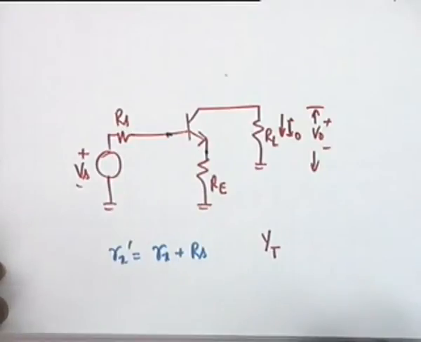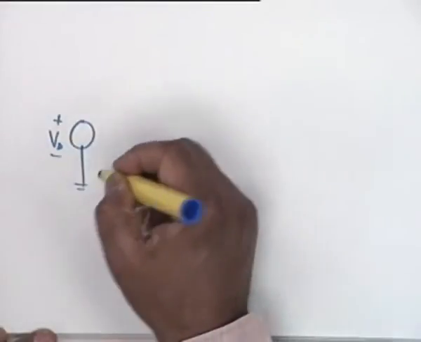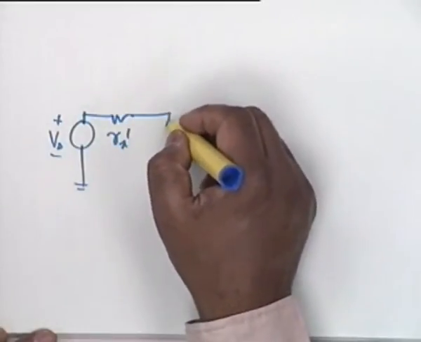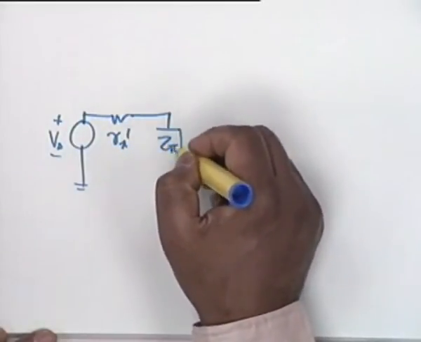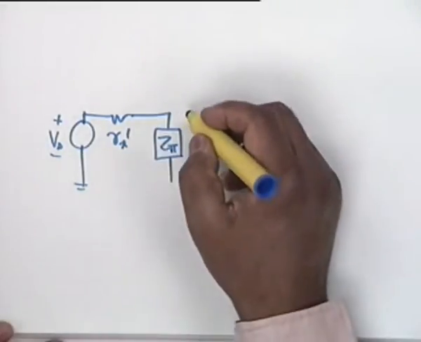Okay. So, the equivalent circuit is not as easy to analyze as the previous circuit, because RE carries current from the base as well as from the collector. So what we have is Vs, Rx prime, Z pi, where Y pi is small g pi plus S C pi.